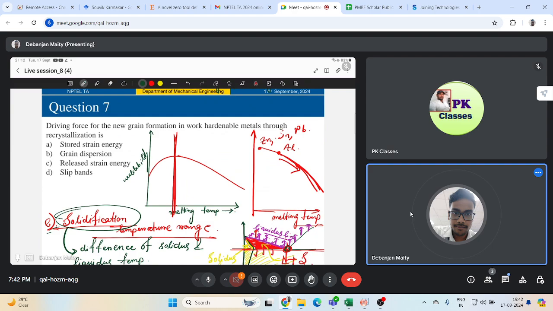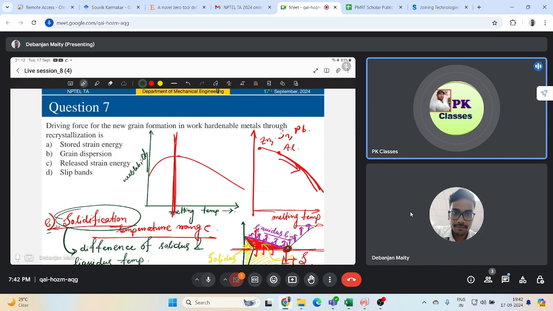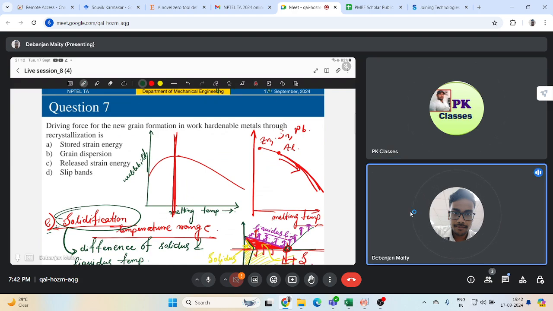Are you getting my point? Released strain energy, I think. For releasing strain energy, you need to store the strain energy. If you do not have much higher strain energy, how will the grains have any tendency to release those energies?